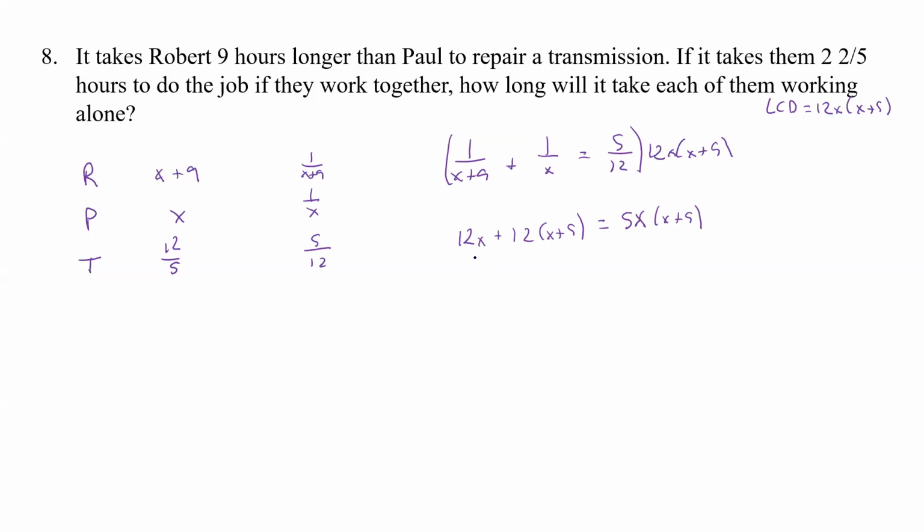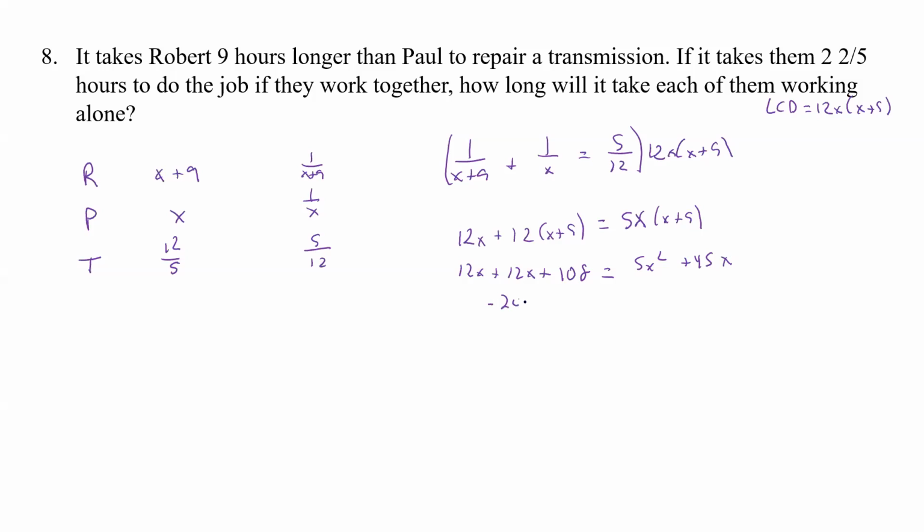Now we distribute, so here we have 12x plus 12x plus, and that's a 9, so that's going to be 108. And then we have 5x squared, and then we have plus 45x. Okay. Now we have 12x plus 12x, that's 24x.